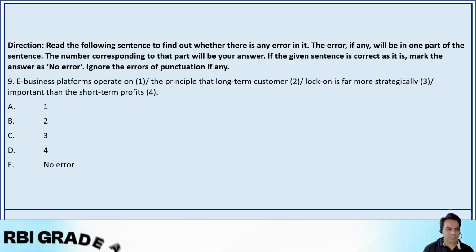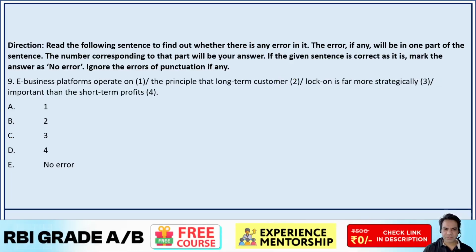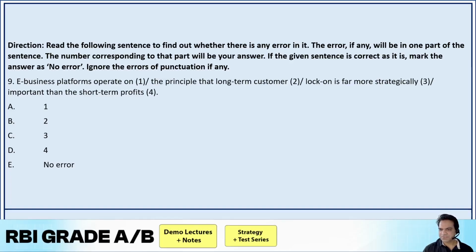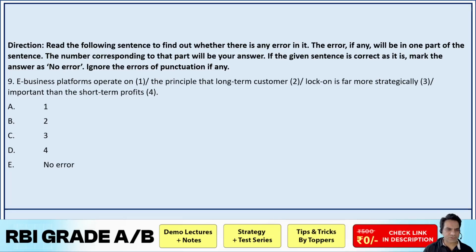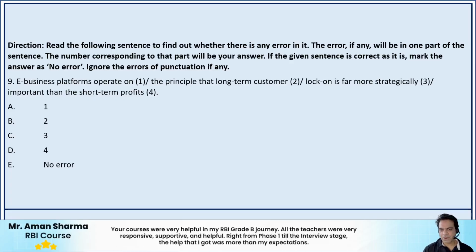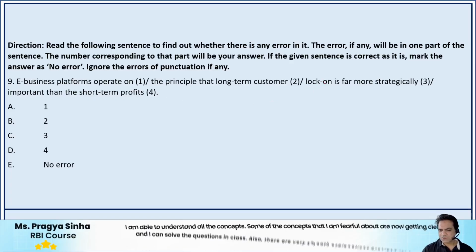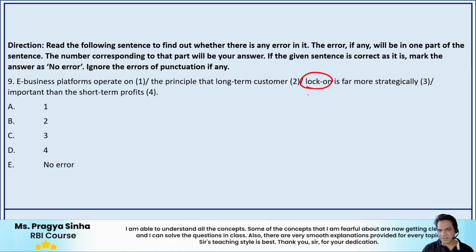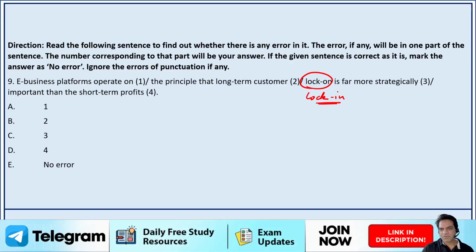Next question, guys. E-business platforms operate on the principle that long-term customer lock-on is far more strategically important than short-term profits. All right. E-business platforms, e-commerce platforms operate on the principle that long-term customer lock-on, it should not be lock-on, it should be lock-in. See, guys, lock-in means to associate with someone for a long period of time.